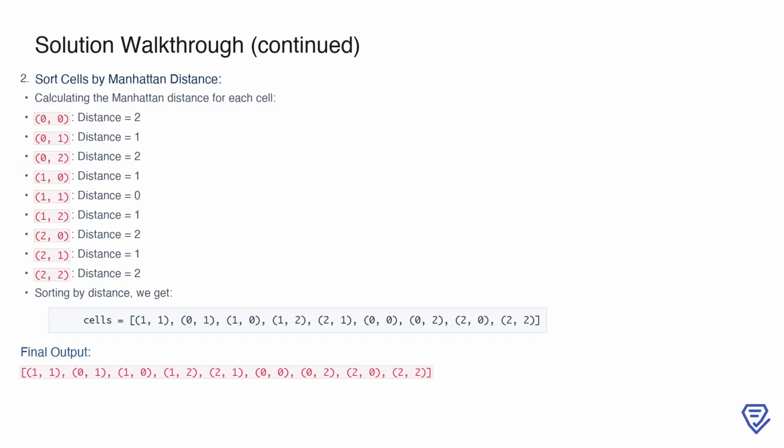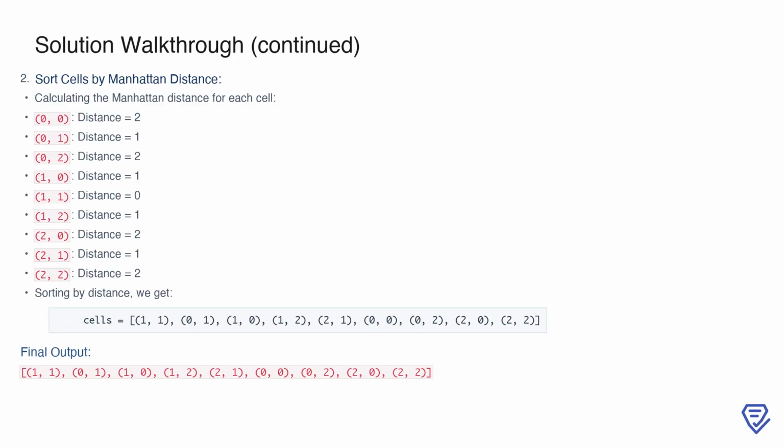Now, let's consider a square grid of size 3 by 3 with the center located at (1, 1). First, we generate all the cells using the same approach as before. The grid's dimensions mean that we include all row indices from 0 to 2 and all column indices from 0 to 2. This results in the list of cells (0, 0), (0, 1), (0, 2), (1, 0), (1, 1), (1, 2), (2, 0), (2, 1), (2, 2).